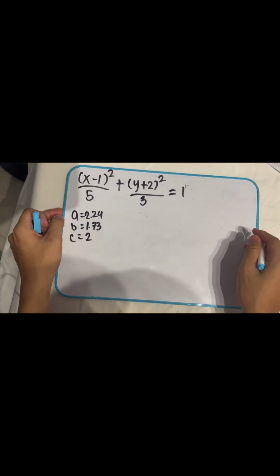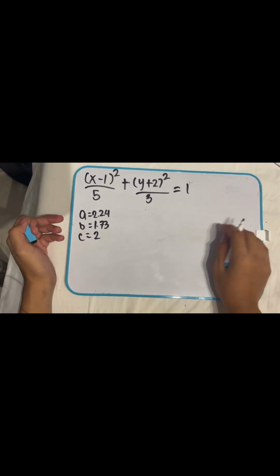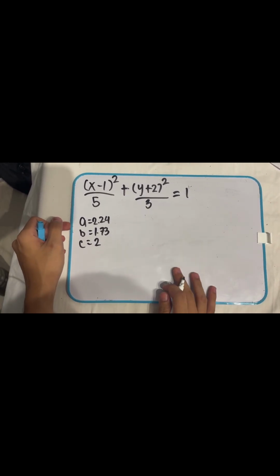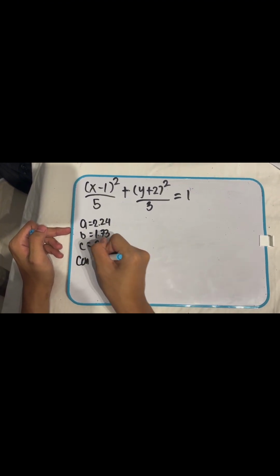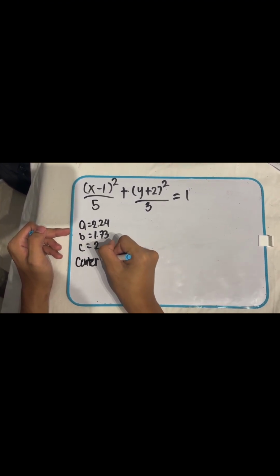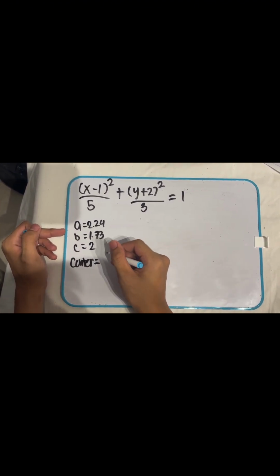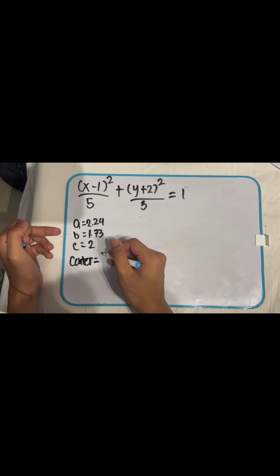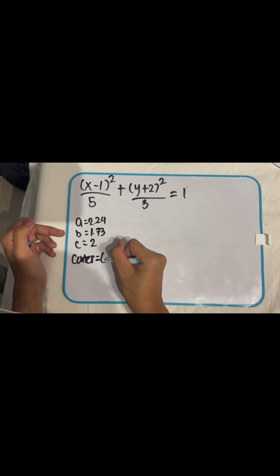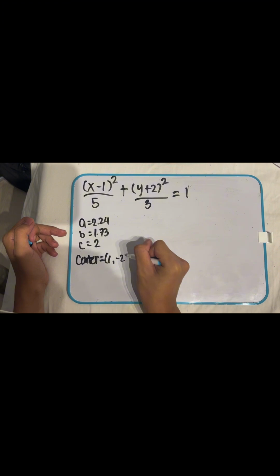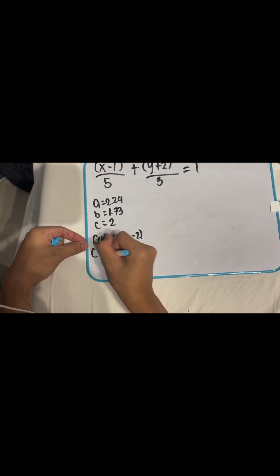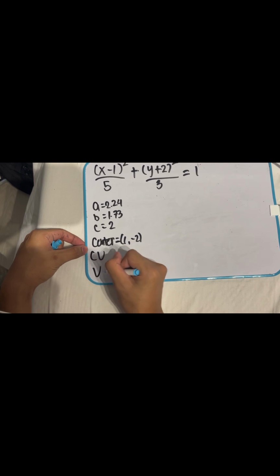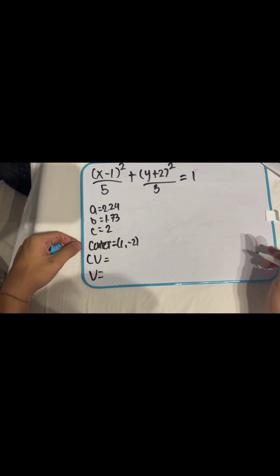So to get our other values, let's get the center first. It's gonna be 1 and negative 2. Okay. Then we have to get our co-vertices and our vertices.